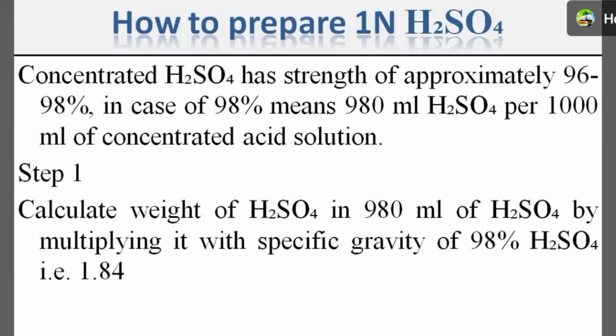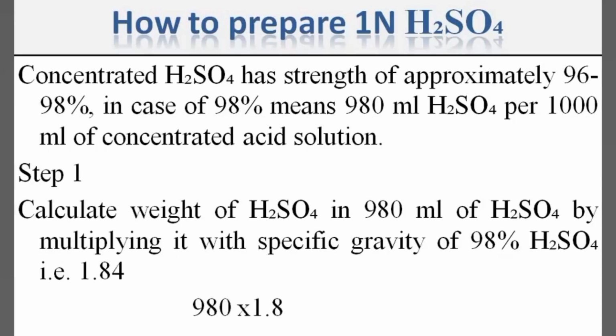Generally, if you require to calculate the weight of any liquid, you have to multiply it with its specific gravity. In that case, the specific gravity of concentrated H2SO4 is 1.84 and we need to calculate the weight of 980 ml of H2SO4 in 1 liter of solution.